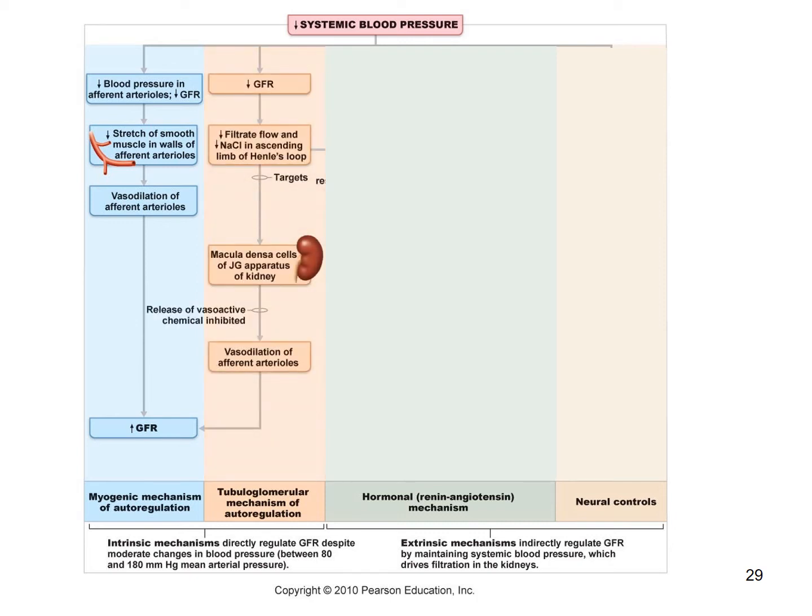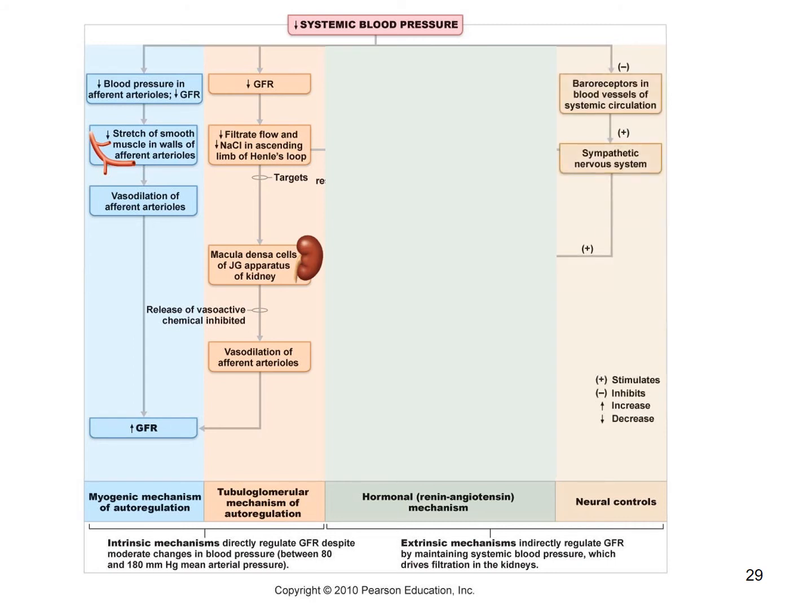So if you have a decreased GFR, you have a decreased filtrate flow and decreased sodium chloride in the loop of Henle. And basically what's going to happen is the macula densa cells, again, are going to inhibit vasoconstriction. This is going to cause vasodilation of afferent arterioles, and this is going to result in a higher GFR.